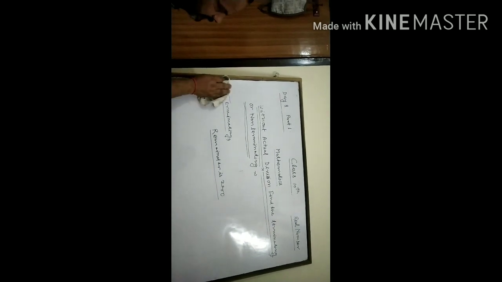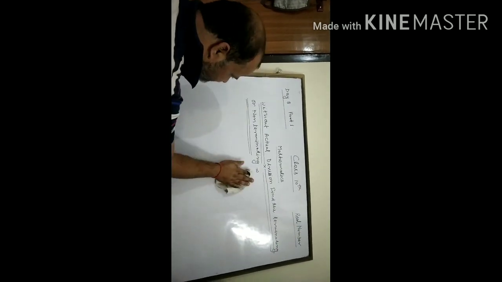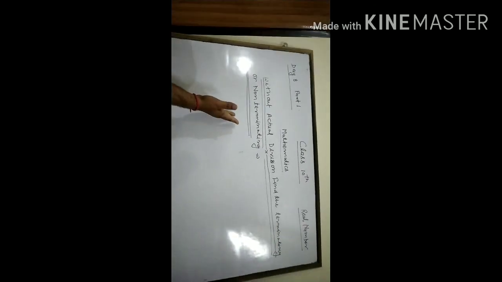But we can find, without division, whether it is terminating or non-terminating. It is a topic of real numbers and in our new examination pattern it is asked as an MCQ type question, a 1 mark question. That's why we discuss the same topic.